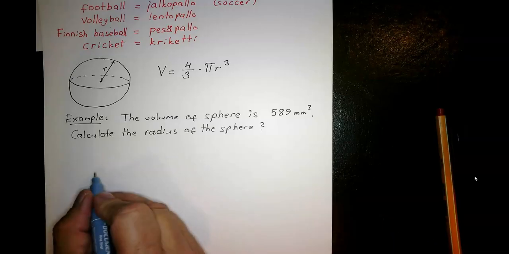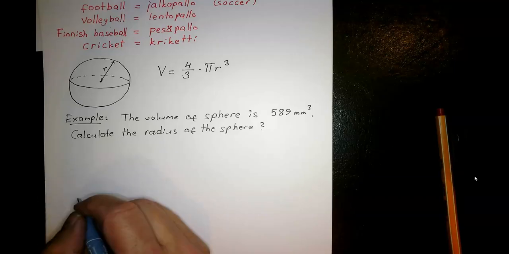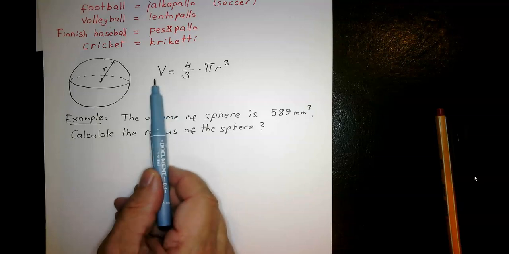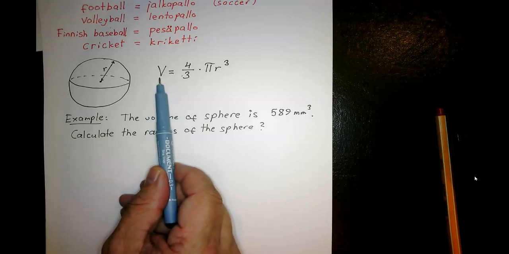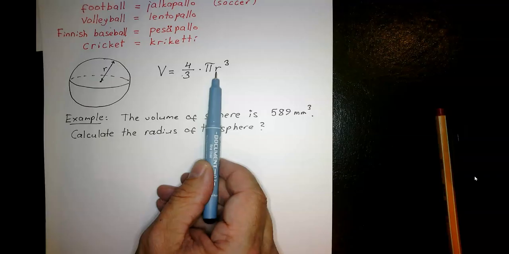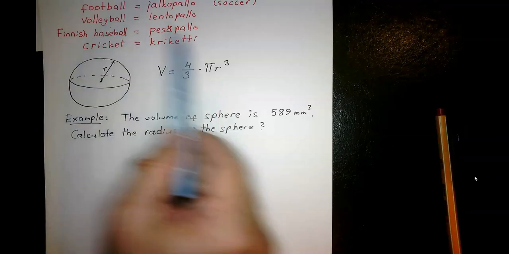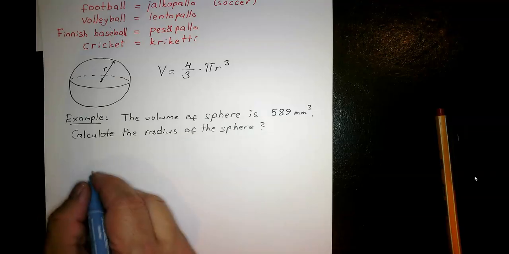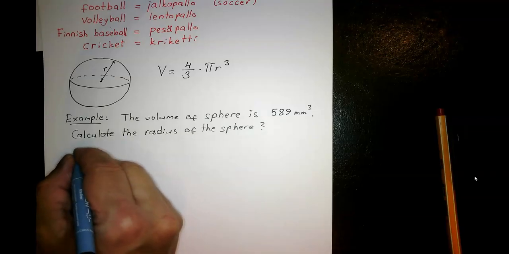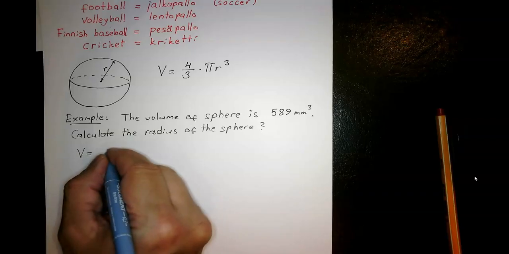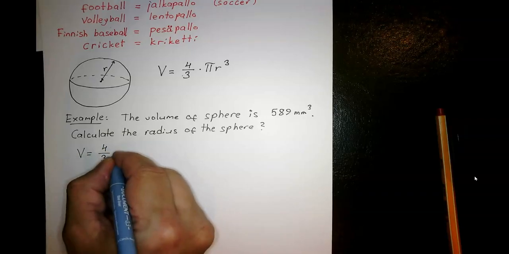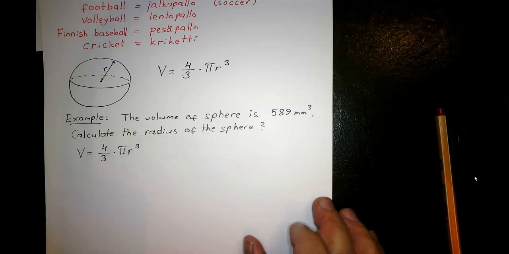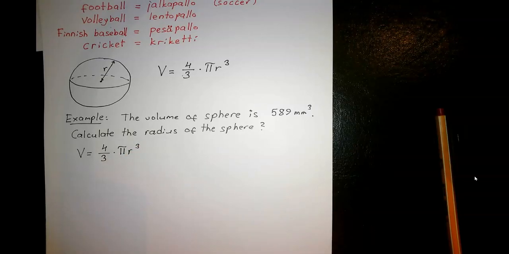Okay, let's not make this any harder. We have this formula here. We know now the volume of the sphere, and we need to calculate the radius of the sphere. So let's start with this formula. We don't use the value of the volume yet. We will only calculate it from this equation.